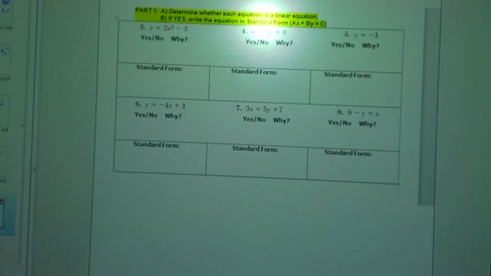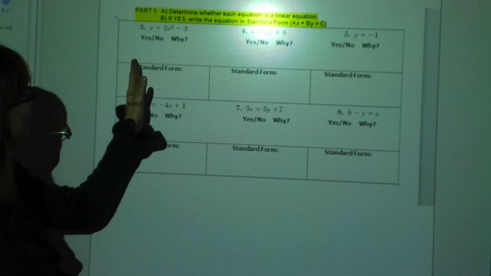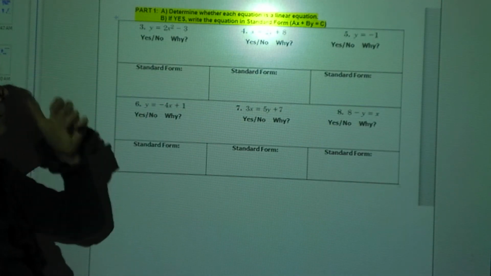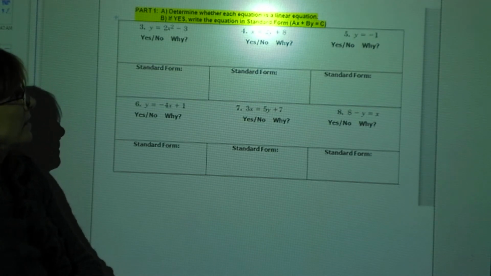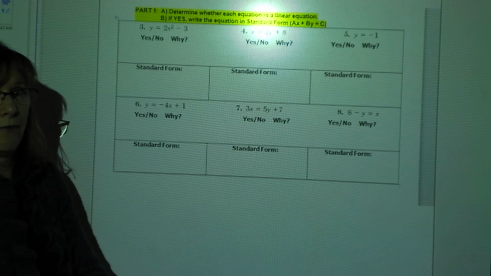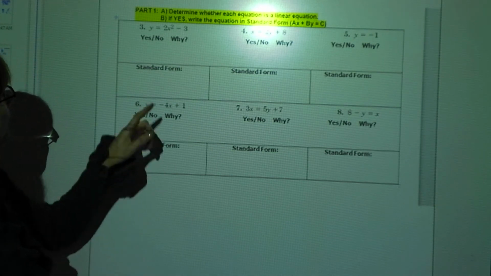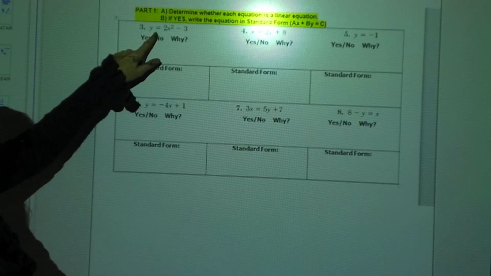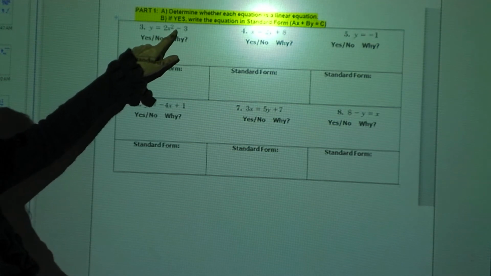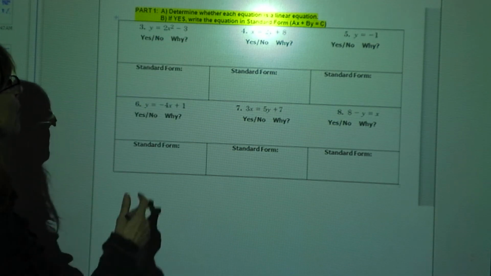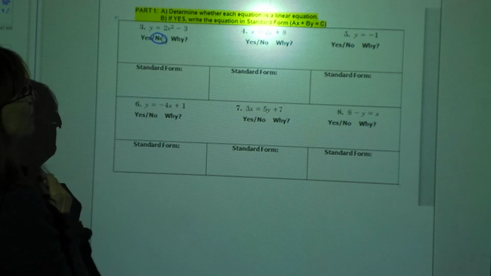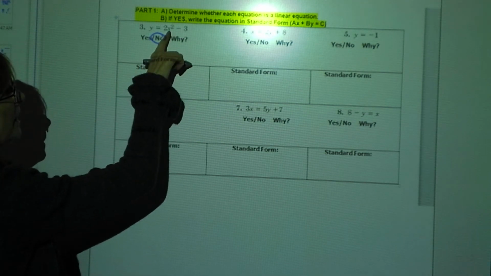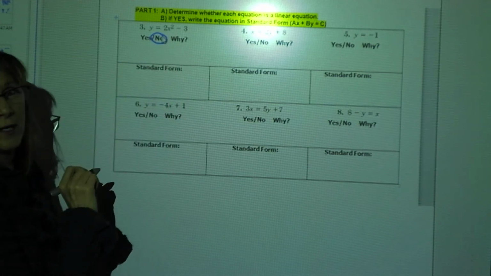Now we're going to go through these examples and see if you can determine whether or not the equation is linear. And if it is, then you're going to write it in standard form. If we look at this first equation, you have y equals 2x squared minus 3. I would say that this is not linear. The answer is no. The reason why is that x has an exponent of 2 and not 1.